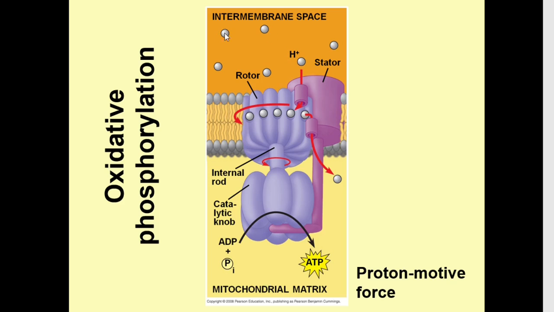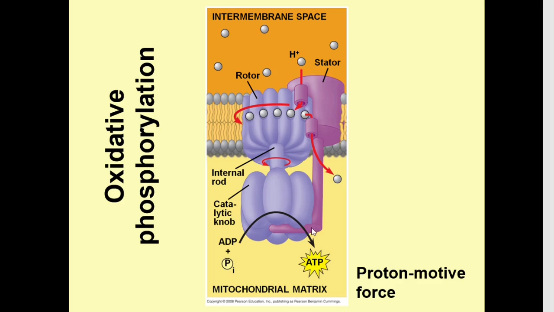These little circles are the hydrogen ions, and as they start diffusing back across the membrane, they flow through ATP synthase, and the flow of the hydrogen ions causes ATP synthase to start to spin, to start to rotate.